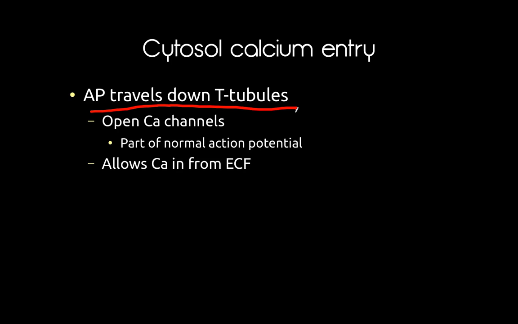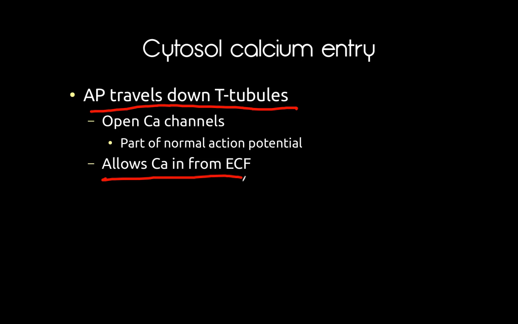through the T-tubule calcium channels is then going to activate sarcoplasmic reticulum calcium channels to open and also allow calcium to come in from that. So that is where we're getting this combination of both skeletal muscle function and smooth muscle function, that we're getting pretty significant quantities of calcium, both from the extracellular fluid and from the sarcoplasmic reticulum.